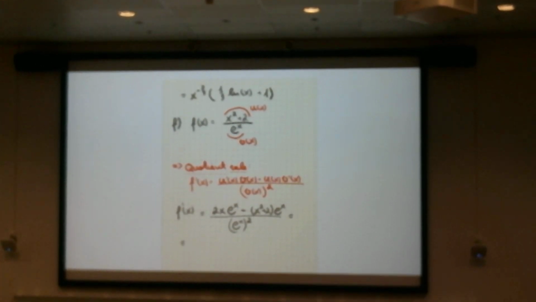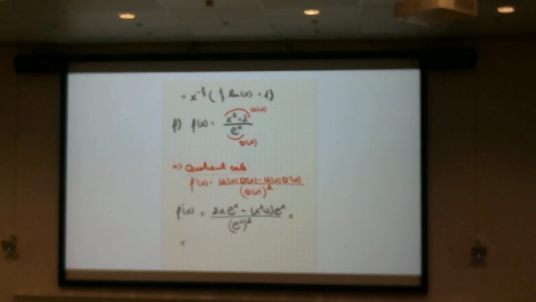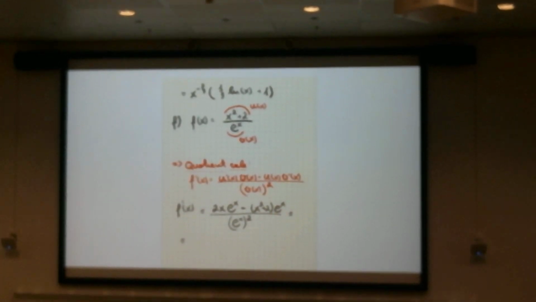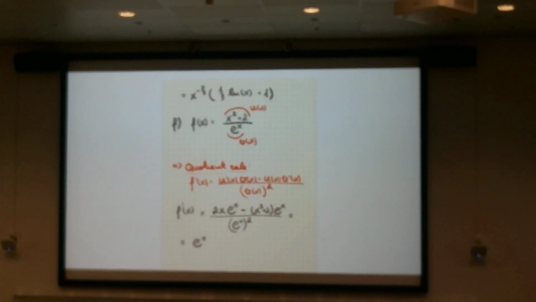We can really simplify this. Notice that we have e to the x here, and we have e to the x here. So what we can do, we can factor out e to the x, and we have 2x minus x squared plus 2, right?